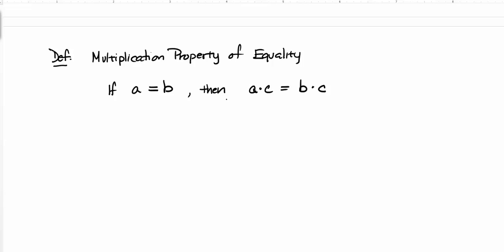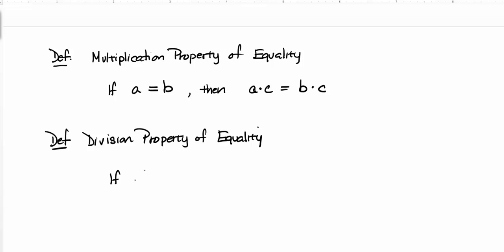So if A equals B to start off with, then A times C equals B times C. By the same token, the division property of equality: if I start off with A equals B, then if I divide both sides by the number C, the equality still remains.